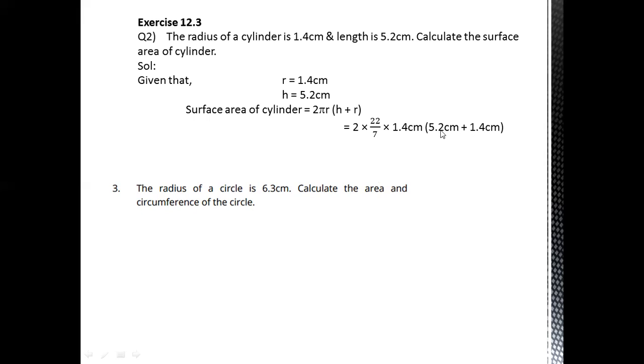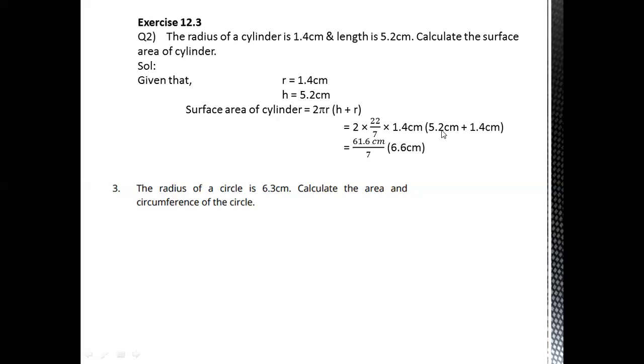First you add these, because you know that the bracket value you solve first and after that the outside value. So 5.2 you add with 1.4. After that you multiply with 1.4 and then 22 and then 2 and then divide by 7. Look, 2 multiply with 22, you get 44. 44 multiply with 1.4, you get 61.6 divided by 7.